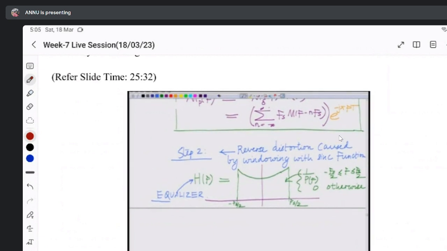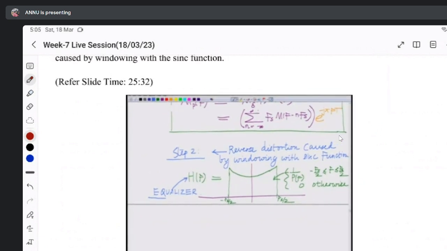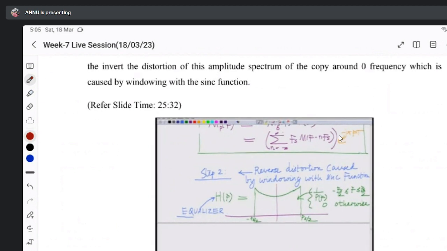So what is windowing? Can somebody tell me? We were saying about the filter design, and in that we use the term windowing. Madam, I heard it, but frankly, I have not understood. Okay, so I may have to read once again.